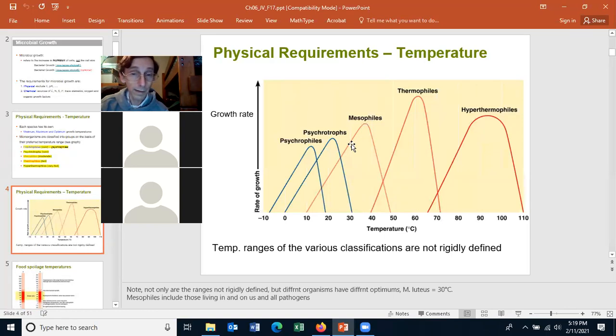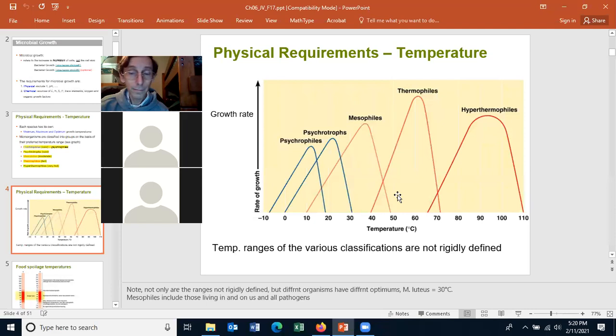Any questions about any of that? The point is that these aren't rigidly defined. The mesophiles are anything that grows near 37 as their optimum, and the psychrophiles anything that grows near 10 degrees. And then the range especially can vary for each species.